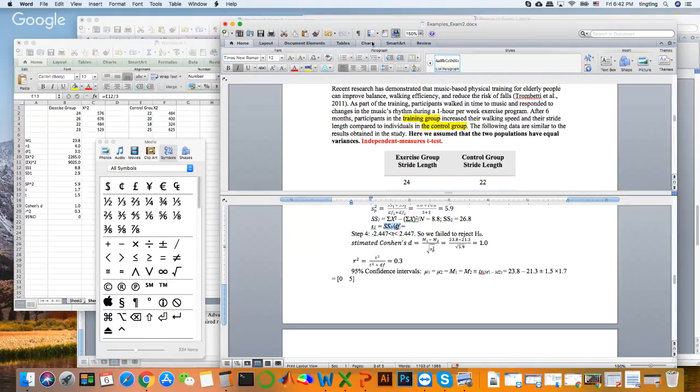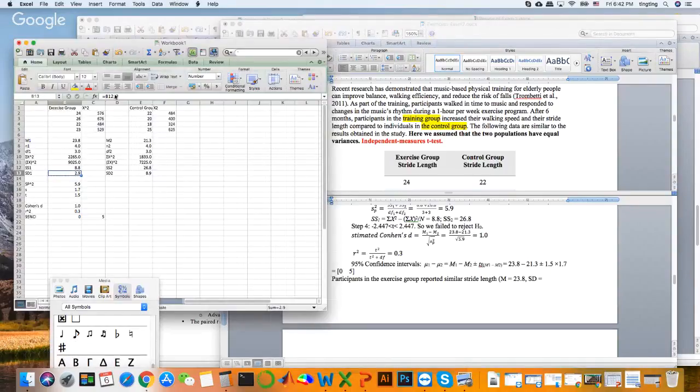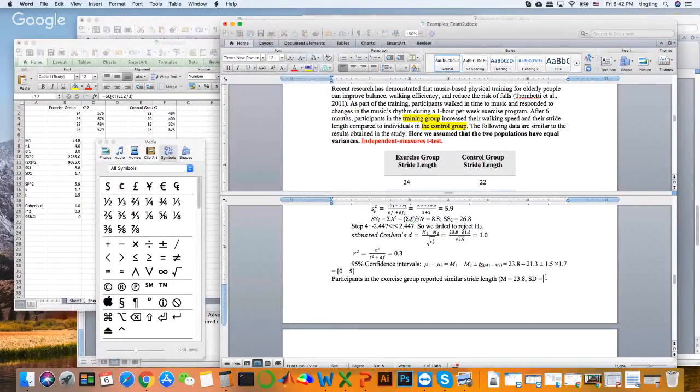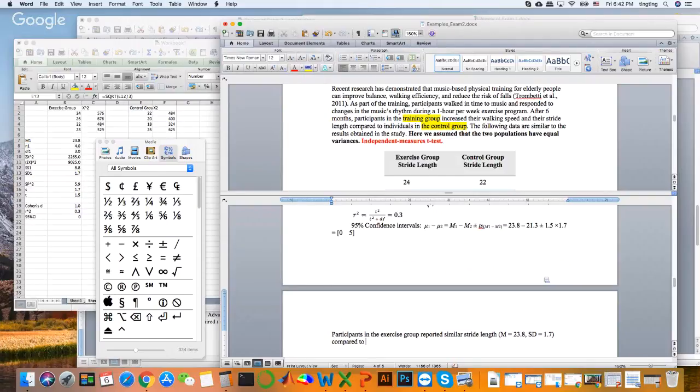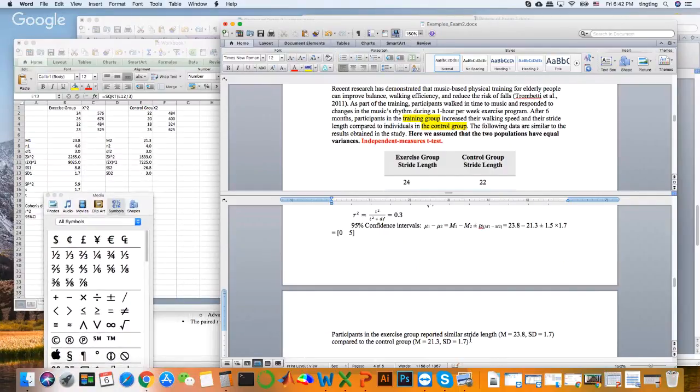It's the variance, but we need to take the square root of it. 1.7 compared to the control group, also report mean and SD, which is equal to 3.0.